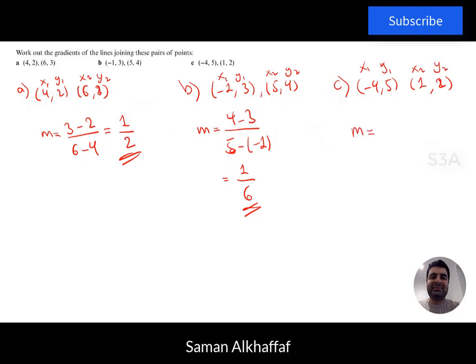So m will be equal to y2 take away y1, which is 2 take away 5, over 1 minus -4. So in this scenario, we would have -3 divided by 5, and this will be our answer.